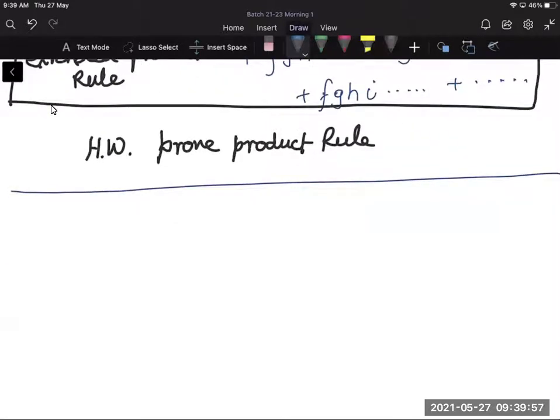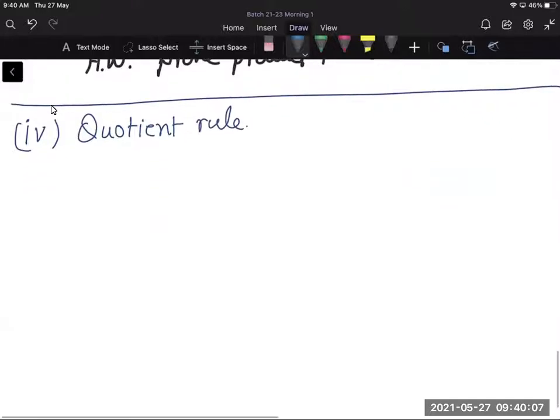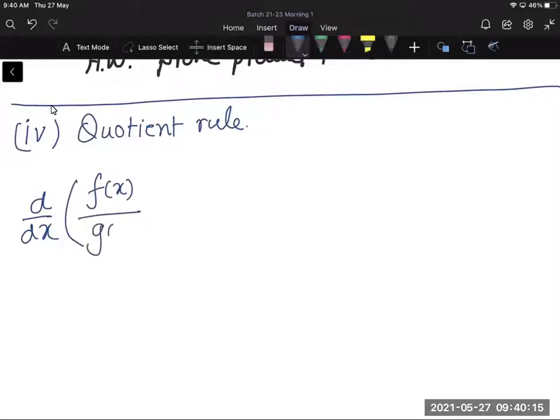Next is number 4. We have the quotient rule. So this is dy dx of f(x) upon g(x).